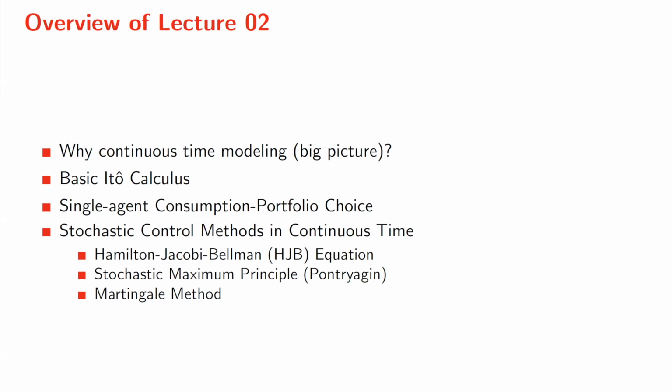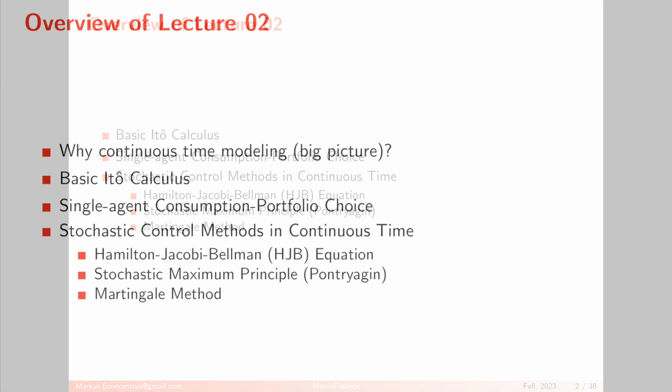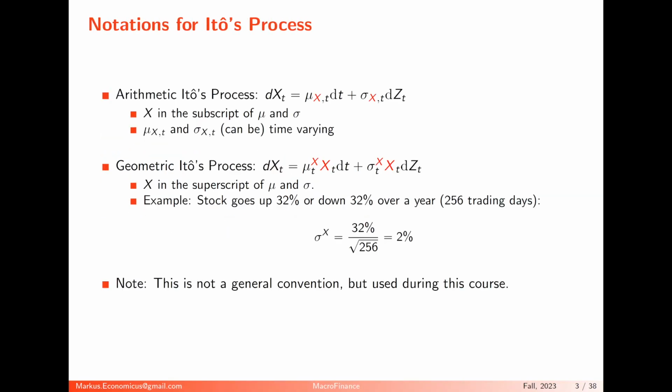So let's start with the basic Ito calculus first. Here is the basic notation I would like to use as before. We have an arithmetic Ito process or a geometric Ito process. Whenever it's arithmetic, the change in x, the stochastic process, is given by a drift, the arithmetic drift, and a volatility loading, the arithmetic volatility loading. We use a subscript x.